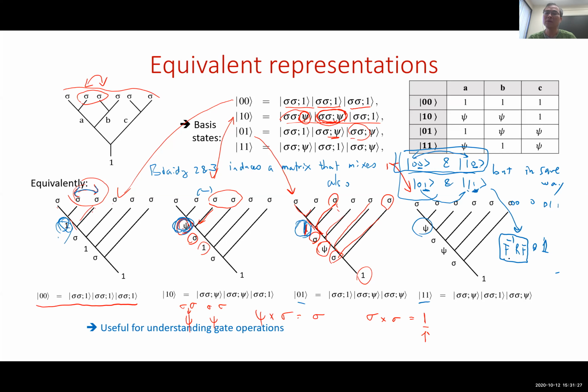So it doesn't matter what the second qubit is, you always mix the same way. Okay, does this make sense? I think I've spoken in great detail, but if there's a confusion, please let me know.